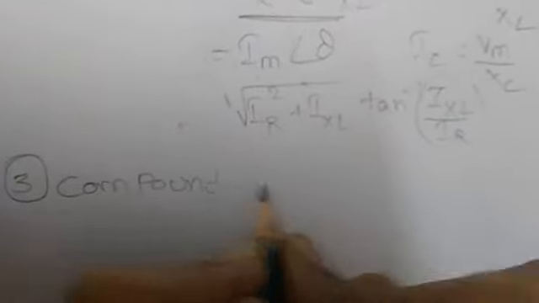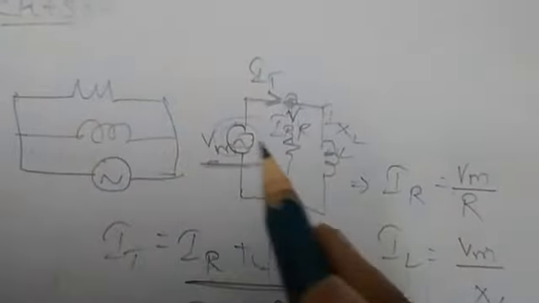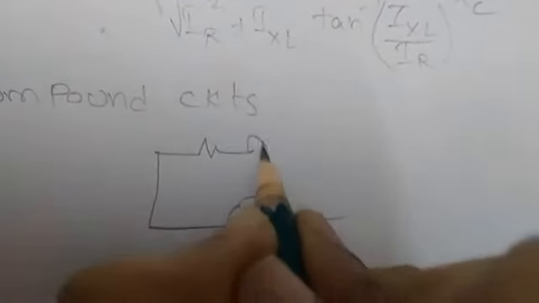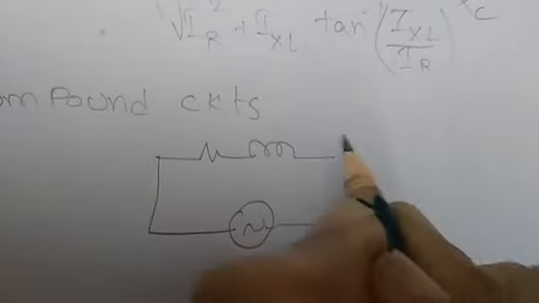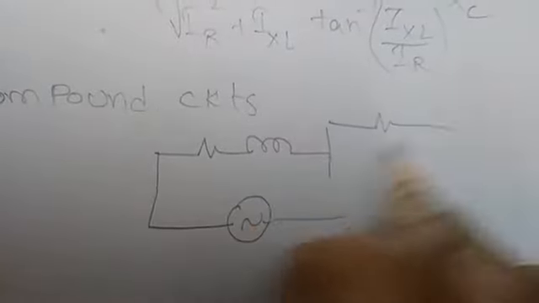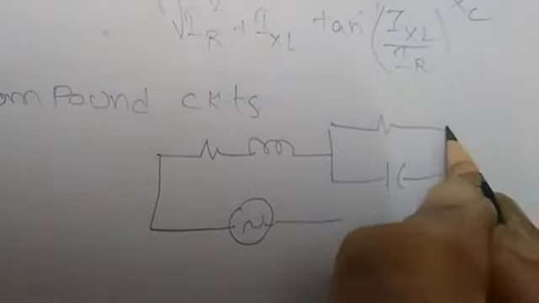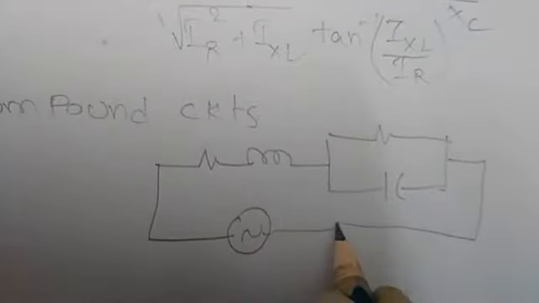In addition to series and parallel, we have one more type of complex impedance, that is compound circuits. In the previous cases, the elements were either in series or in parallel. But in compound circuits, within a single source, the circuit may have series elements as well as parallel elements.